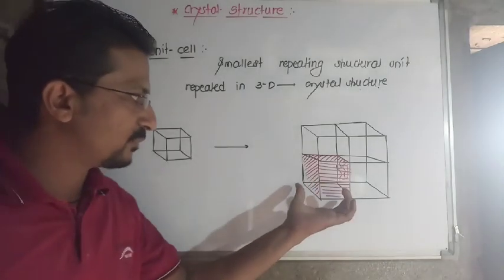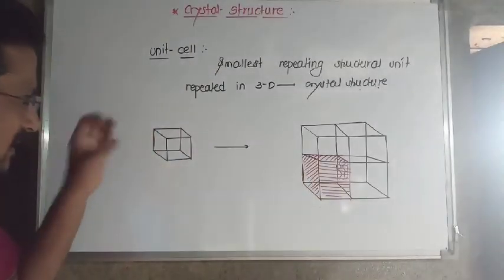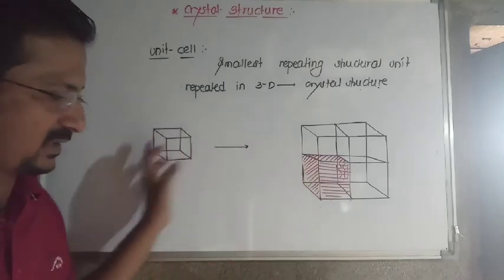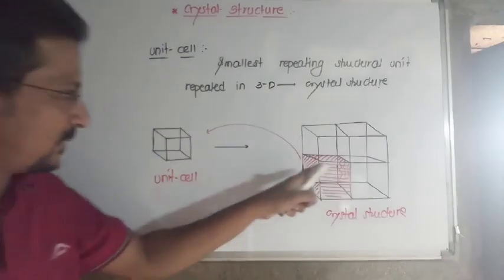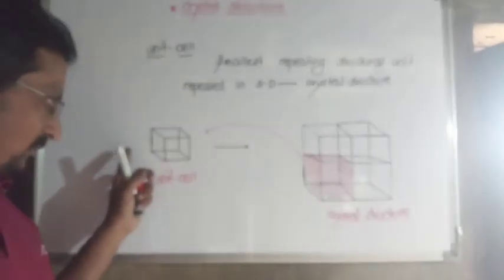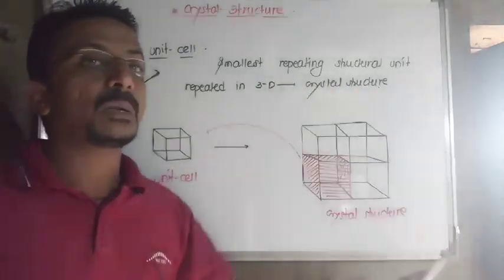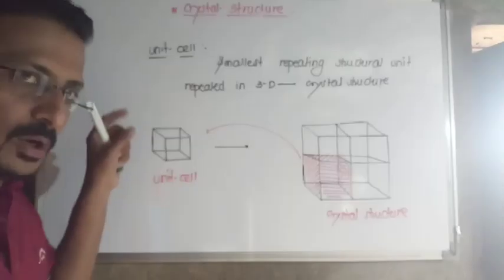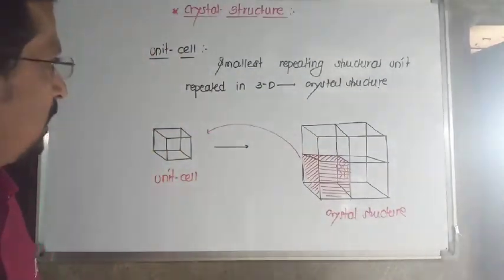Whatever is shown in red lines is the crystal unit cell. If we separate one unit cell from this crystal, this one is the unit cell and this is the whole crystal structure. The structure of the unit cell is the same as that of the whole crystal, and all the properties of the unit cell and the whole crystal are the same. So this is what we call a unit cell.